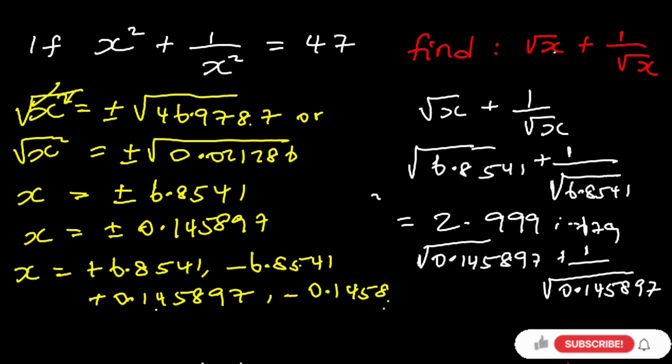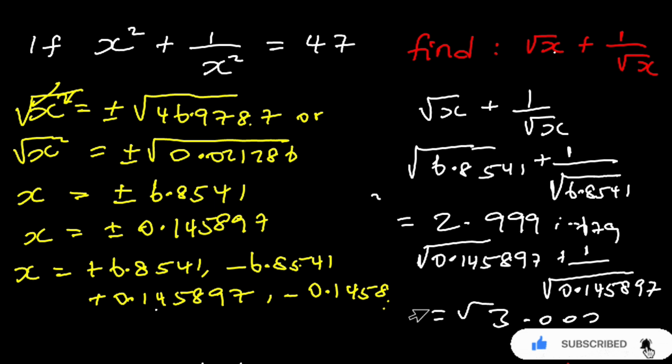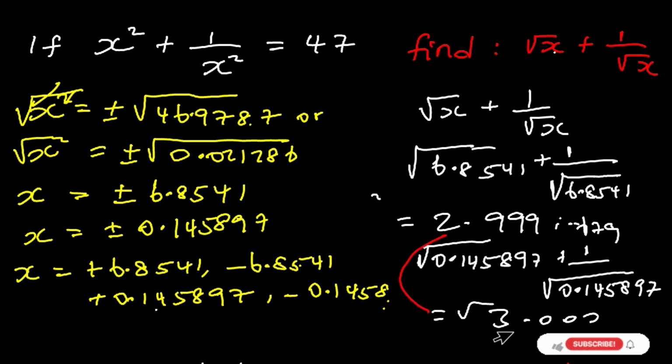If you plug that into your calculator, you are going to get approximately 3.000, which is the same thing as this. So 2.999 is approximately equal to 3, and this one is also 3.00.